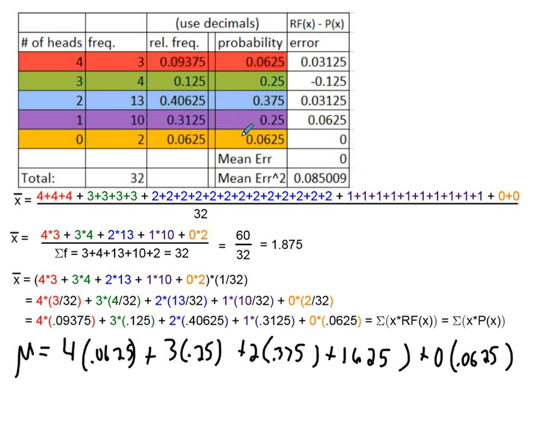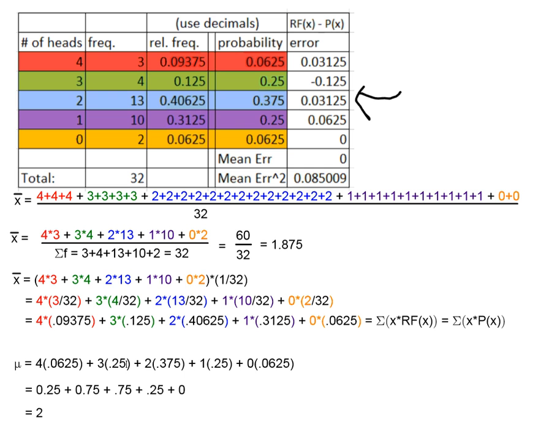On either side of the middle, they're weighted the same. Same thing here, 0.25 weighted the same as 0.25. 1 away from 2, 1 away from 2 in the other direction. Because of the symmetry of our probability distribution, we should expect 2 to be our exact middle, which in fact it is. As we multiply and then add those products, we do get our expected 2 as a value.